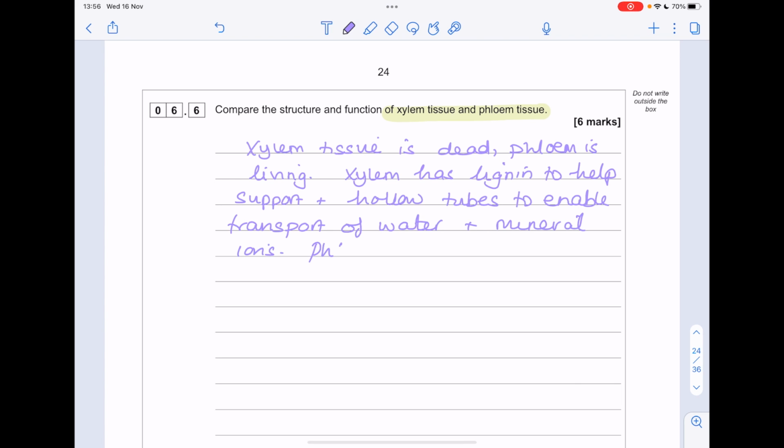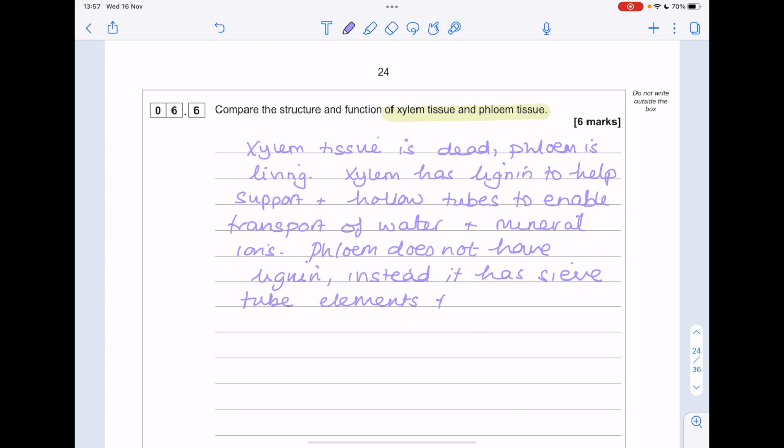Let's make a comparative statement. Phloem does not have lignin. Instead, it has sieve tube elements and cytoplasm that enable the transport of sugar. Let's talk about direction of movement.